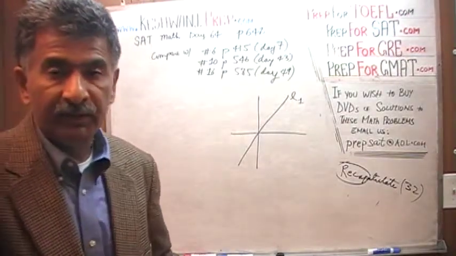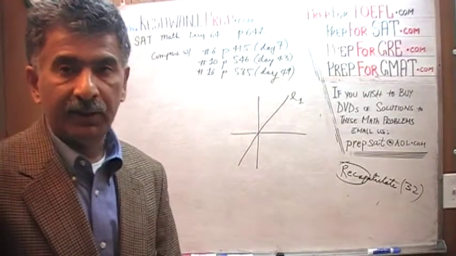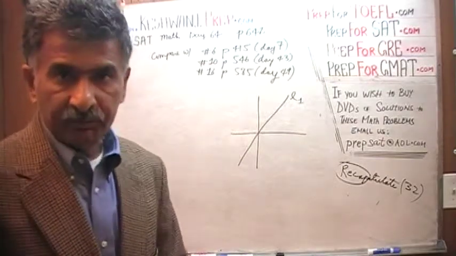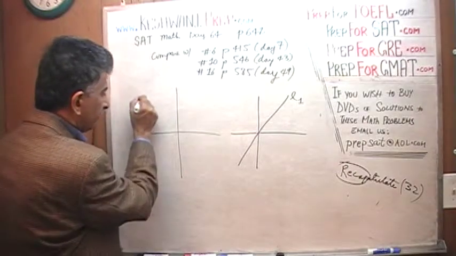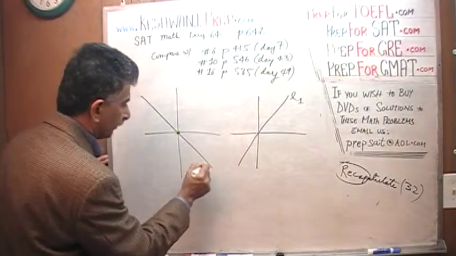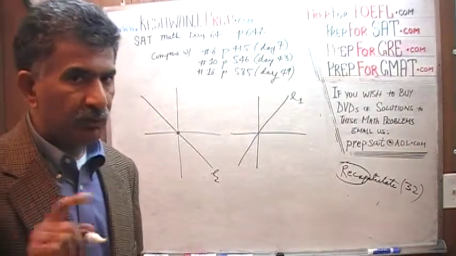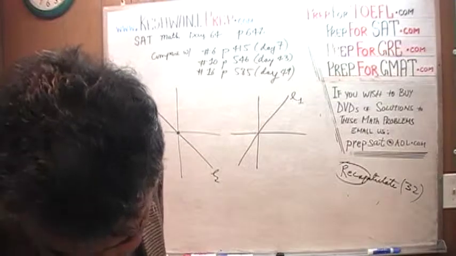Where does it say that it has to be positively sloped? We have not read anything that tells us that. I took liberties. I made an assumption. For all we know, line L1 could very well be a negatively sloped line going through the origin. Based on what we have read so far, we do not know which scenario we're dealing with yet. So we have to read the rest.